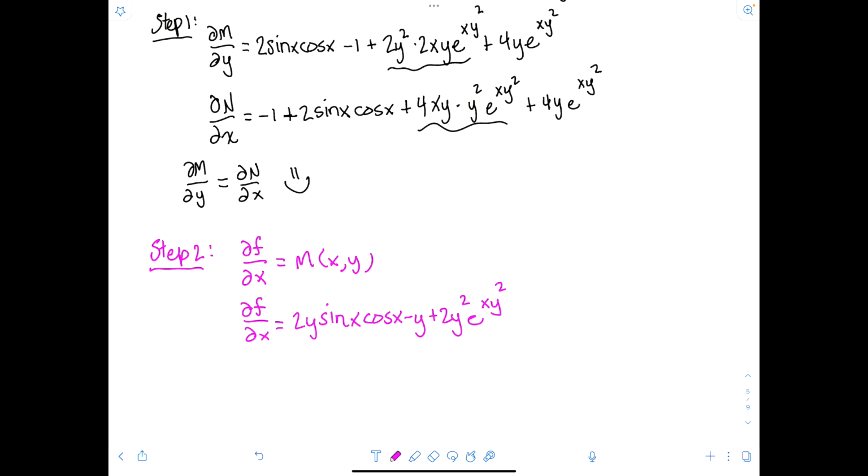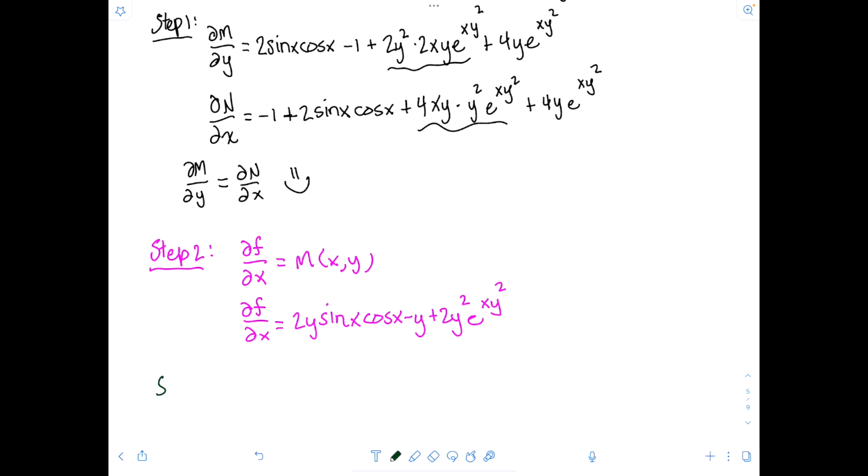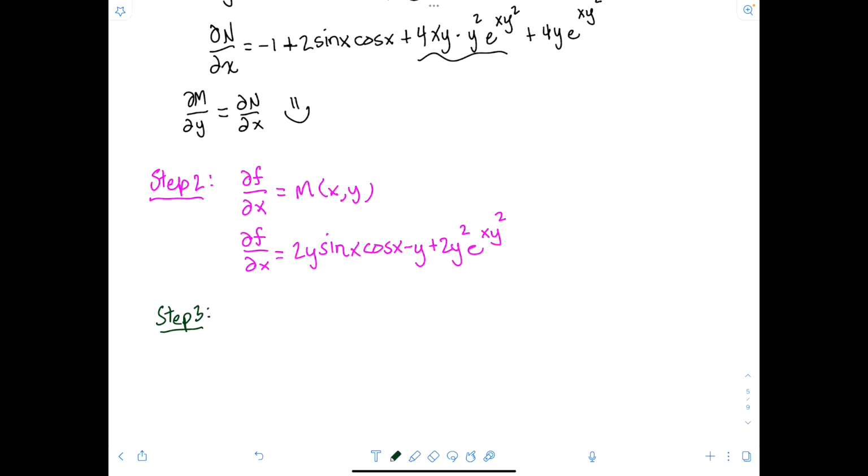Okay, so now on to step 3. We're going to do our integration. All right, so df, we're going to integrate df. It's going to equal the integral of all this good stuff.